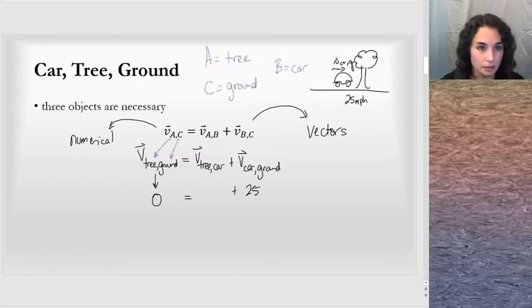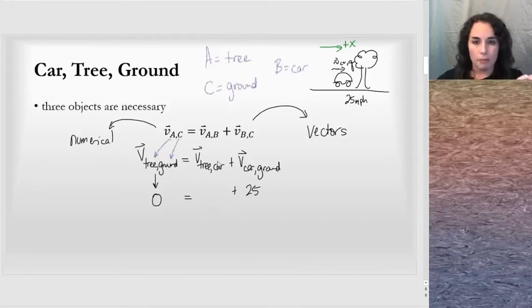And I'm inherently assuming that this is the positive x direction, right? I have to assign a coordinate system. If I have vectors, I need to make sure I'm assigning a coordinate system so that I can have positives and negatives. Because when I think about it, let's fill in this part in here, and you see what this has to be in order for this equation to be true, is what is the velocity of the tree with respect to the car?